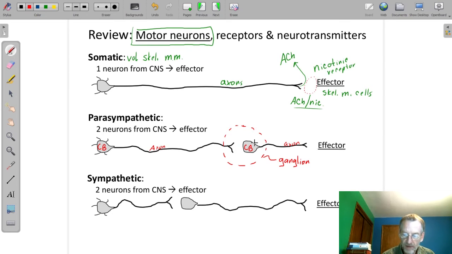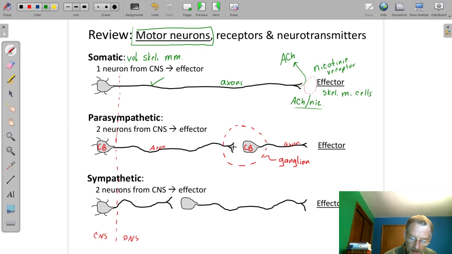So the neurotransmitter receptor combination is exactly the same as somatic motor. So the first neuron out of the CNS, because these cell bodies are in the CNS. So this is CNS, and this is PNS. The first neuron leaving is always a cholinergic neuron. It's always going to be releasing ACH from the axon terminal.